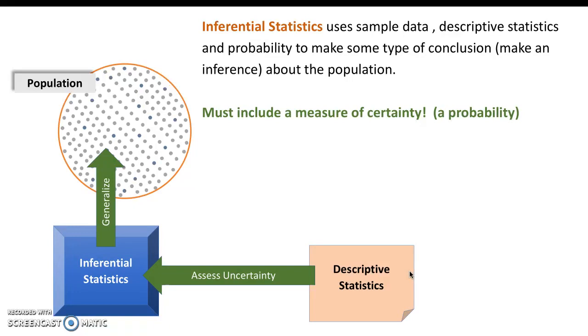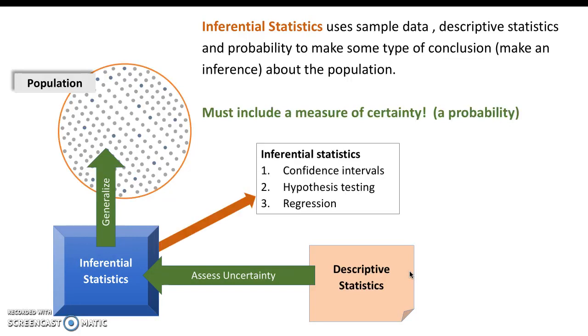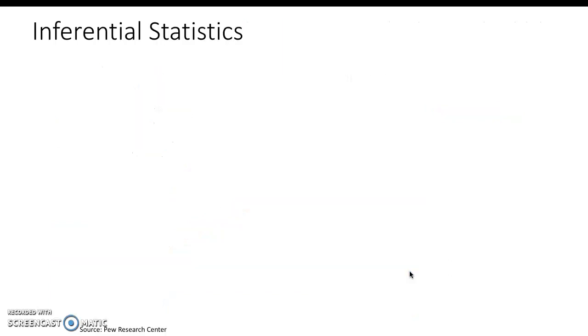Then that allows us to come to some conclusion about our population, make some kind of decision, make some sort of generalized summary statement about the population that we are studying. Examples of inferential statistics are confidence intervals, hypothesis testing, and linear regression. We're going to look at all of those this semester.